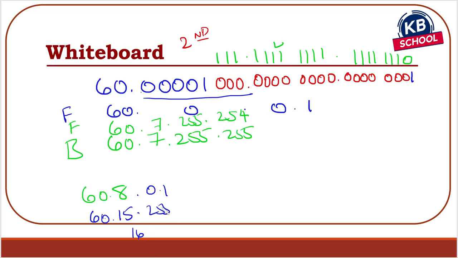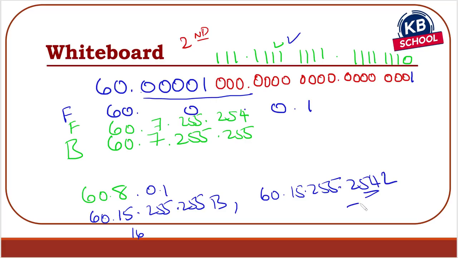Dot 255.255 is the broadcast, and the last usable one would be 60.15.255.254 in the last octet for the last usable one.